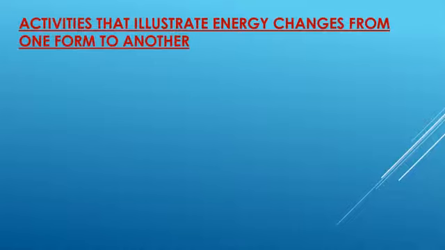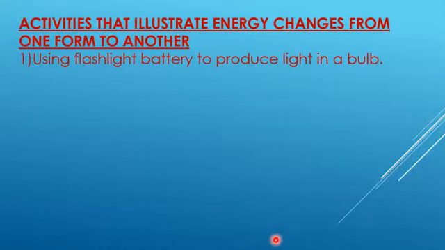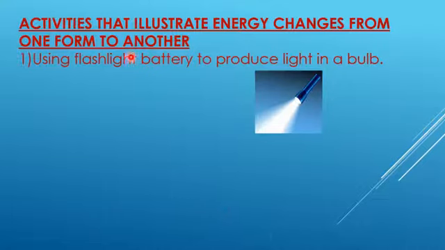We are looking at the first one, using a flashlight battery to produce light in a bulb. Look at the flashlight containing a bulb or LED. The battery inside is helping the bulb to produce light.